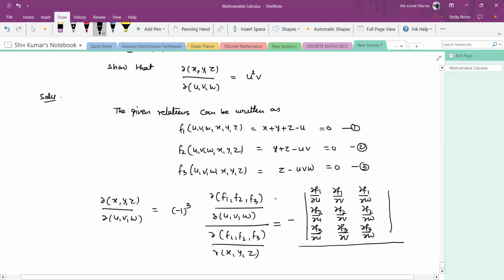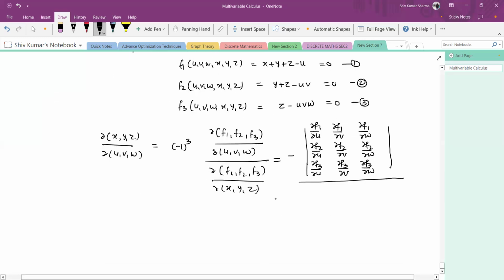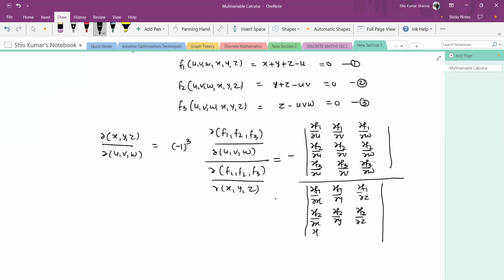Upon the denominator determinant with rows: del f1 upon del x, del f1 upon del y, del f1 upon del z; del f2 upon del x, del f2 upon del y, del f2 upon del z; del f3 upon del x, del f3 upon del y, del f3 upon del z.